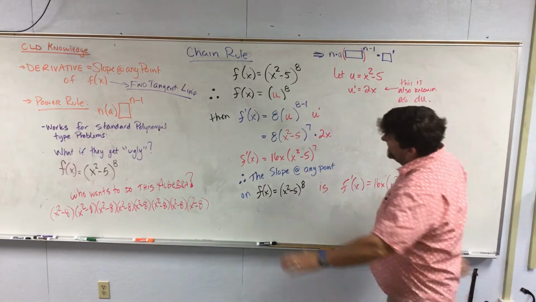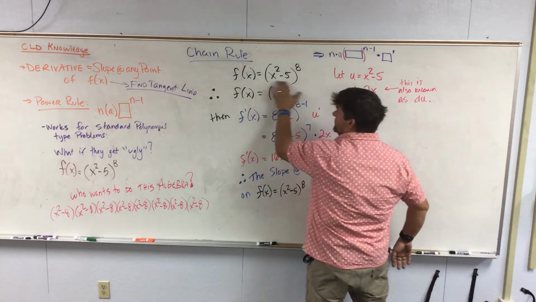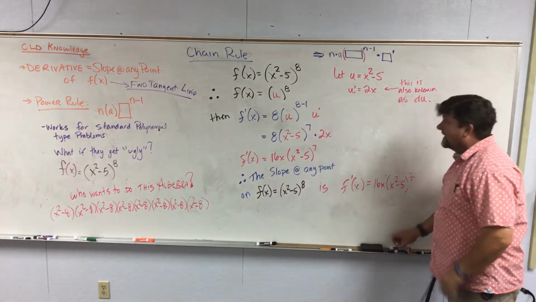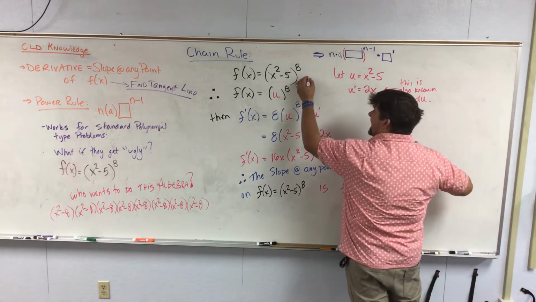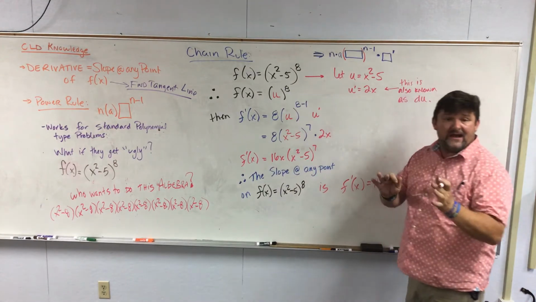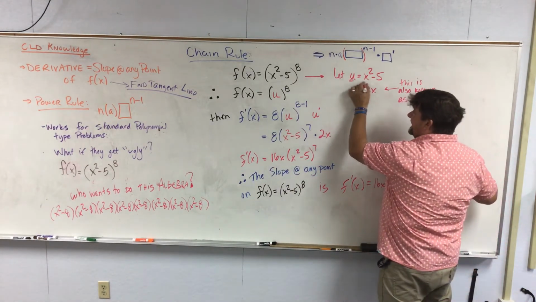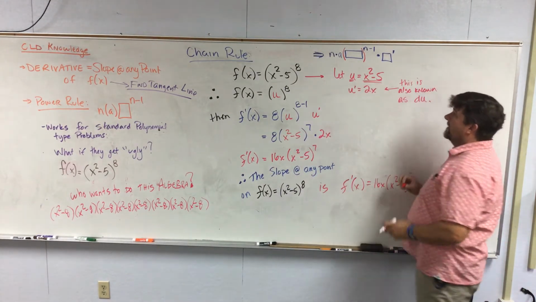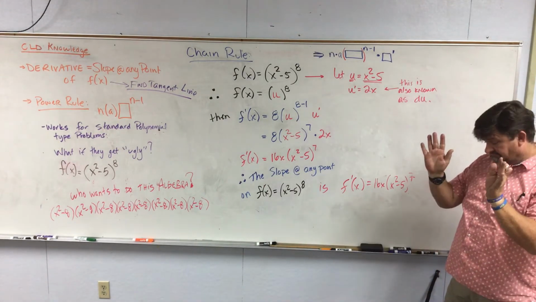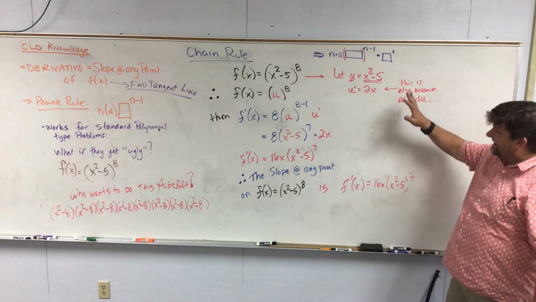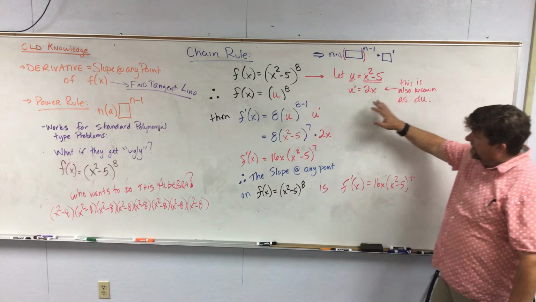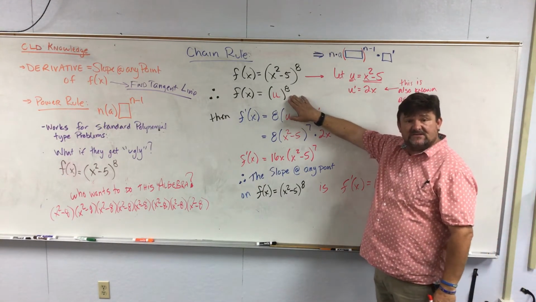All right, so we've got f of x equals (x squared minus 5) to the 8th power. Now, what I decided to do is say, all right, let u equal x squared minus 5. With that, I'm going to change what f of x looks like.